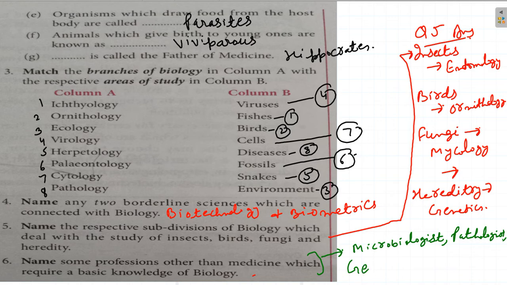You can become geneticist, or you can also become biotechnology engineer. Or you can become also lecturer, professor, etc. Right? Let's move on to the next.